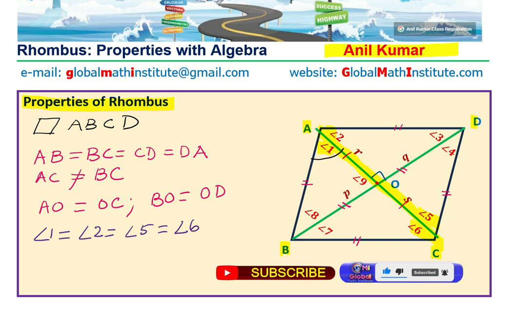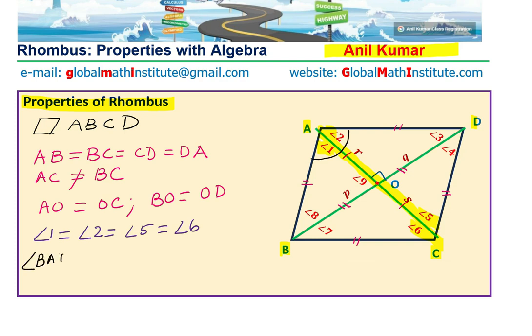So this angle A, which is angle BAD, is equal to angle BCD. So angle A is equal to angle C, and also the diagonal, it cuts into all equal angles. So angle 1 is equal to 2 and is same as 5 and 6.